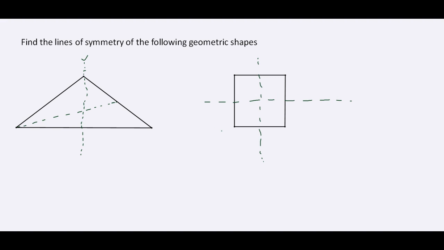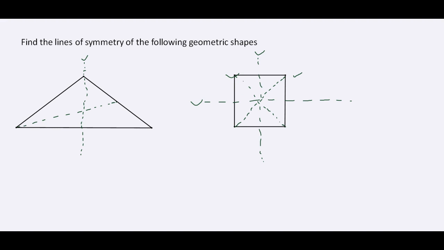What about from this point right here to that point? You can see we create two triangles, and from this point down here we're also creating two equal triangles. So you have 1, 2, 3, 4. You have these 4 lines of symmetry.